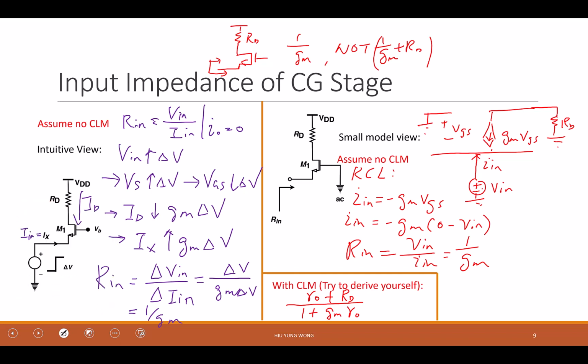If you have channel length modulation, then you will add the R0 and then connect it to here. Not to the ground, so you cannot say RD parallel R0, right? Do I answer your question? Thank you. I'm going to erase this, right, so people won't get confused. Okay, good.